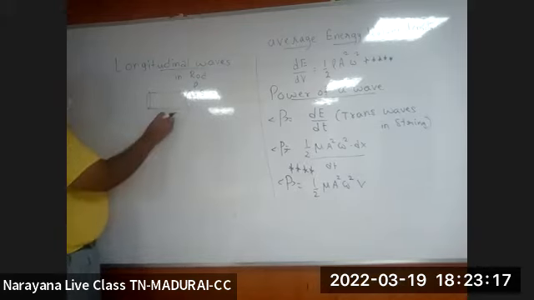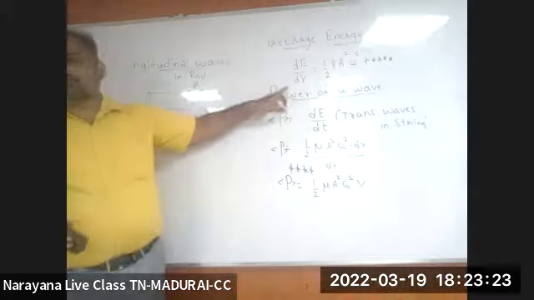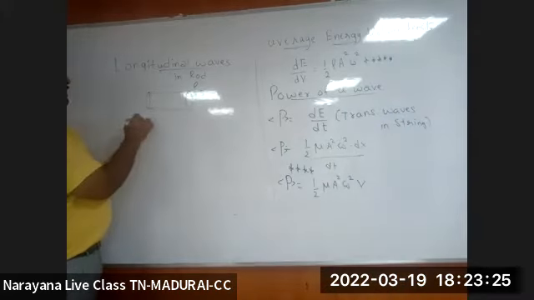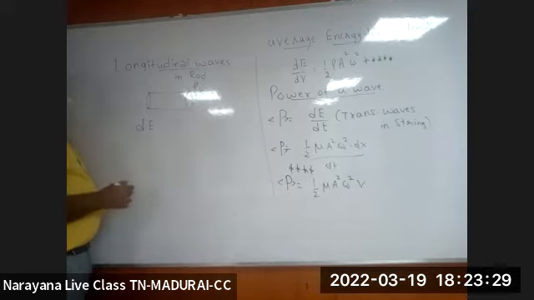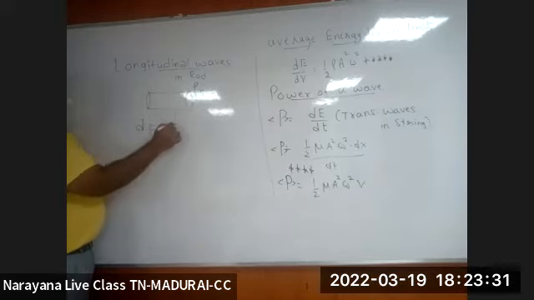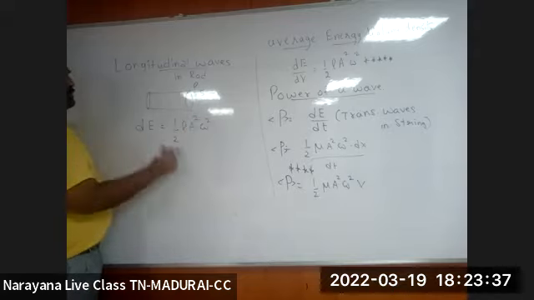Tell me now, what is the energy stored in this elementary rod? Shall I use this equation? Yes, sir, I can use this. So what can I write? Energy stored in the complete elementary rod is equal to how much? Half into rho into A square into omega square into how much?